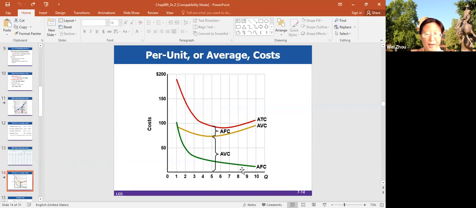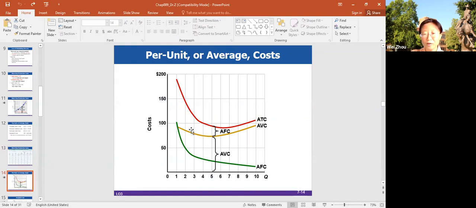And then we said, okay, now you need to put this graph together. Average fixed cost is always going down because you have the same amount of cost on the rental, and the more bread you make, the less average fixed cost is spread to each bread.